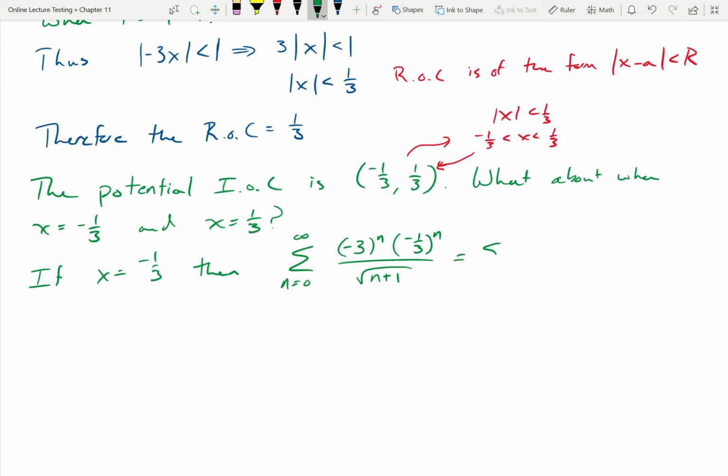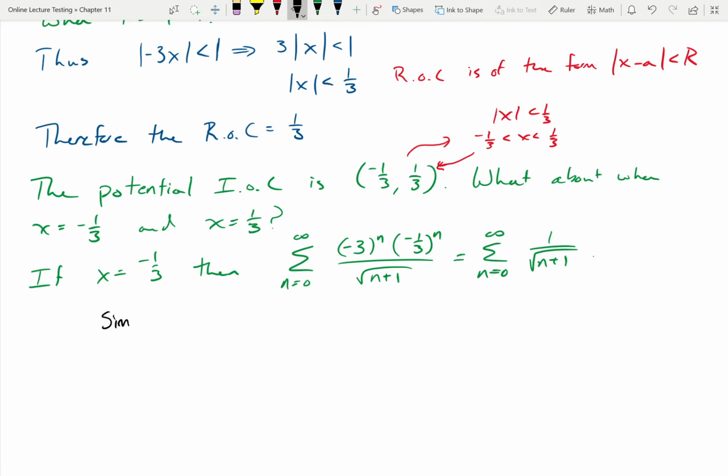Well, this is equal to the series as n goes from 0 to infinity. The negatives are going to cancel each other out, the 3's are going to cancel each other out, and we're left with 1 over the square root of n plus 1. We need to see if this series converges. So I'm going to use the limit comparison test.